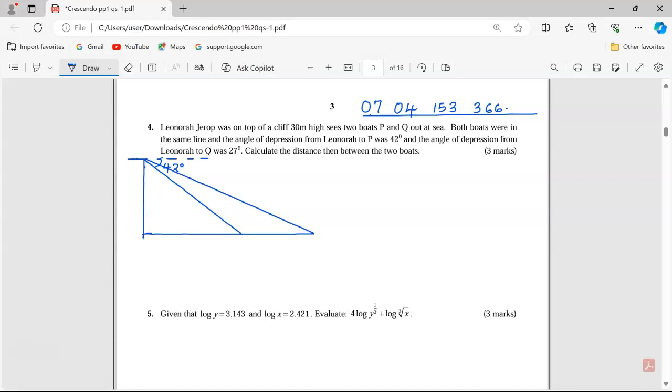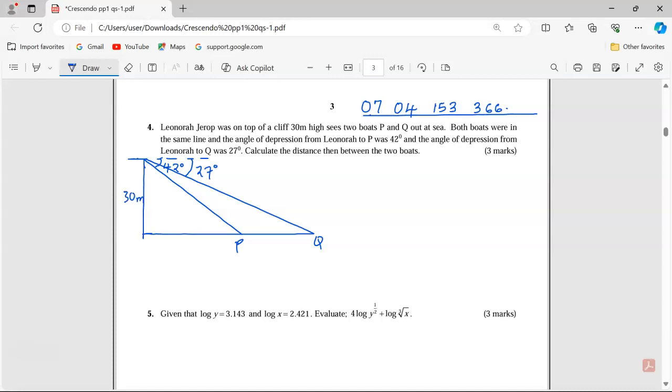Therefore, through an angle of 27, she inclines her eyes to see boat Q. Then 42, we have P. This is the 30 meters high.